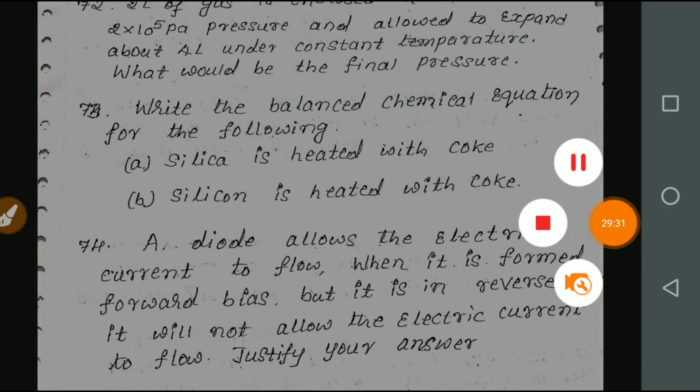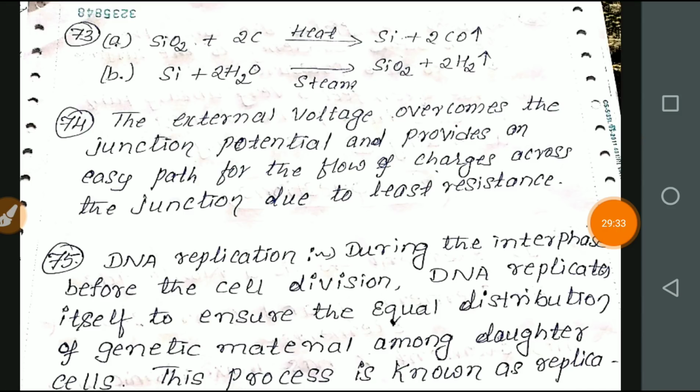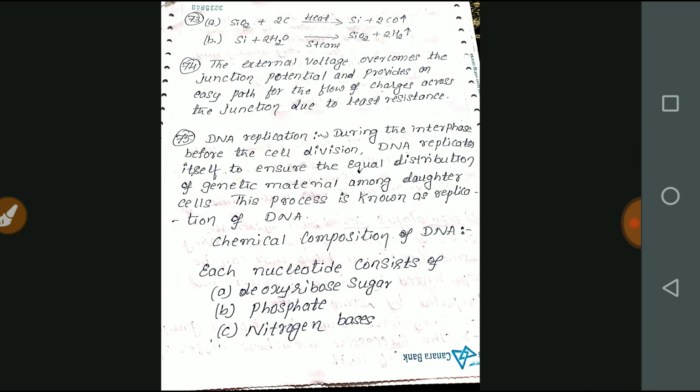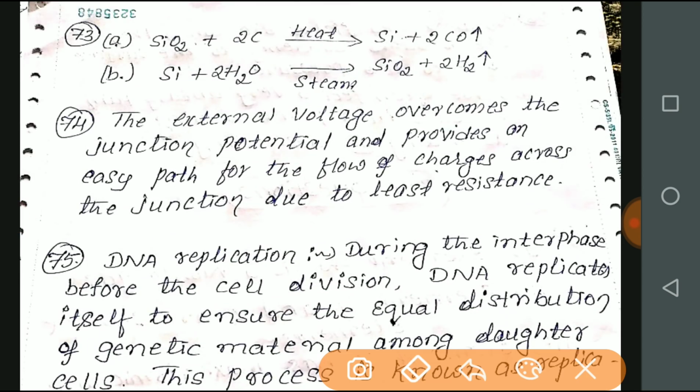Silicon dioxide heated with coke gives rise to silicon plus carbon monoxide, and this is the required equation. The first equation is balanced. Then second equation, when steam, water, is passed through the silicon it gives rise to silicon oxide plus hydrogen gas. So this is the required equation along with the corresponding balancing.